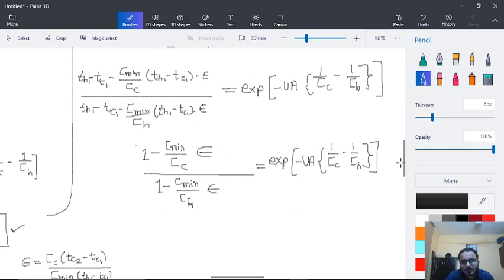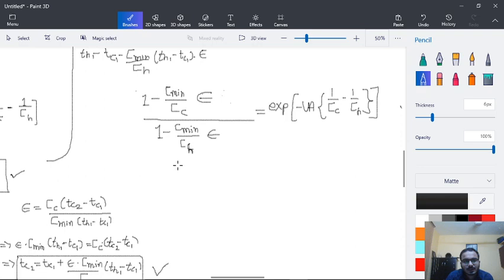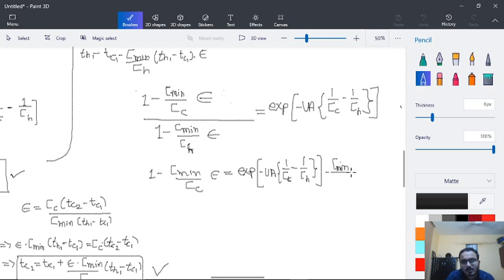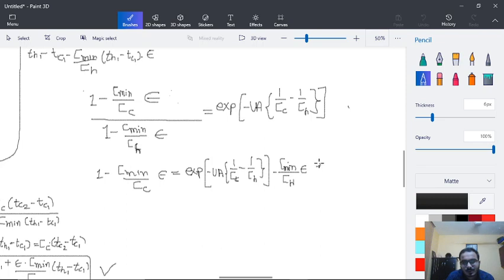So here finally what we will get, we require epsilon, so 1 minus C minimum upon Cc into epsilon is equal to exp into minus UA into (1 divided by Cc minus 1 divided by Ch) into minus C minimum upon Ch into epsilon into exp into minus UA into (1 upon Cc minus 1 upon Ch).